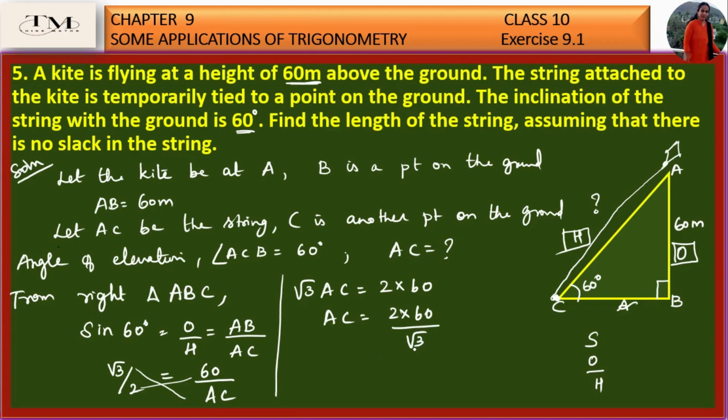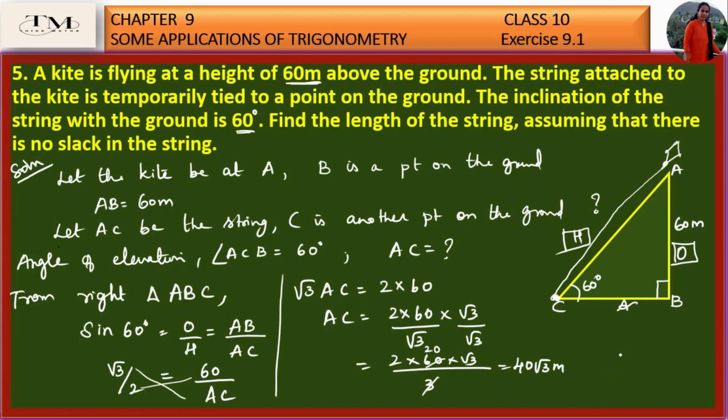So to avoid root in the denominator, we will multiply and divide by root 3. So 2 into 60 into root 3 divided by root 3 into root 3 is 3. So 1 3s are 3, 2 3s are 6 and this 0. So 20. So 2 into 20 is 40 root 3 meter. So AC is equal to 40 root 3 meter.